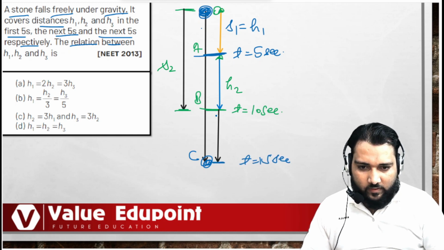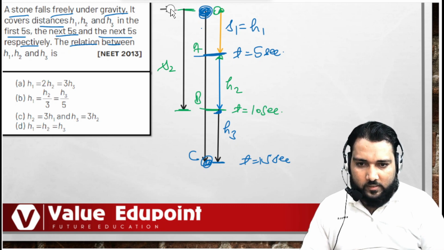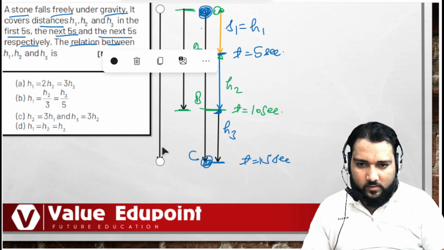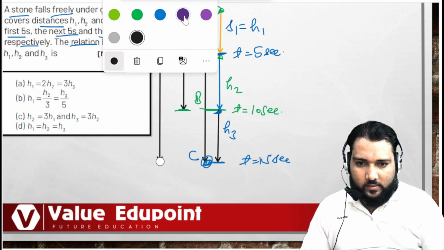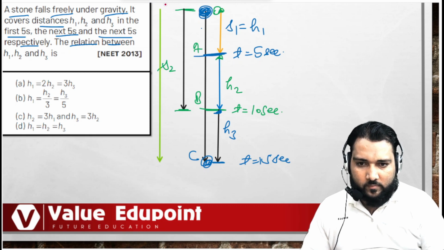In the next 5 second interval the distance covered is h3, but from the initial point the distance will be s3. This is the s3 distance from here to here.